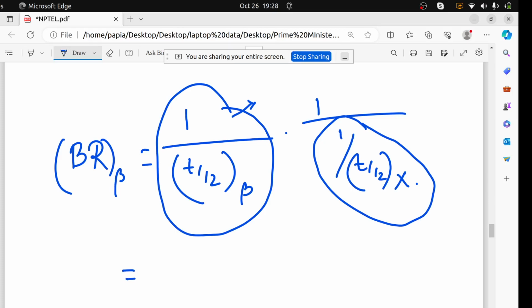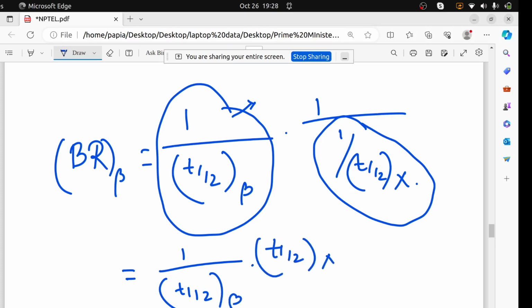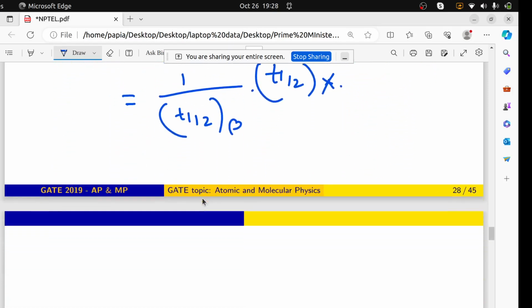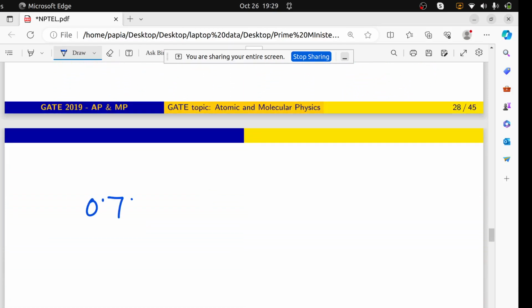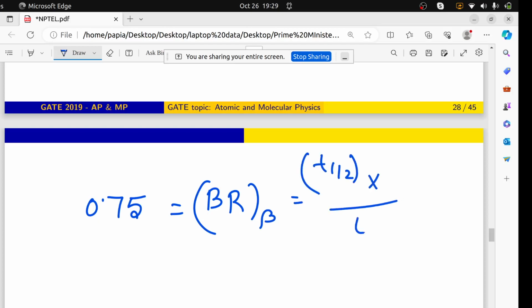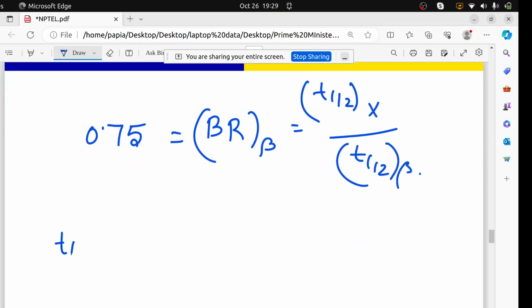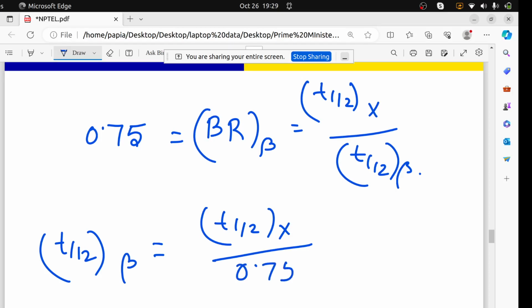Now if I simplify that a little bit, this is T half of beta and this is T half of X, right? Now in that question it is given that 0.75 is the branching ratio for beta. In terms of T half, I can write T half of X divided by T half of beta. Now what will be the value of T half of beta? T half of X divided by 0.75.